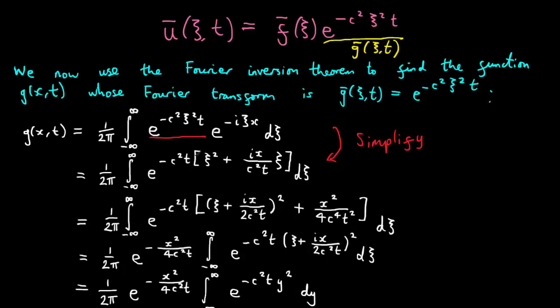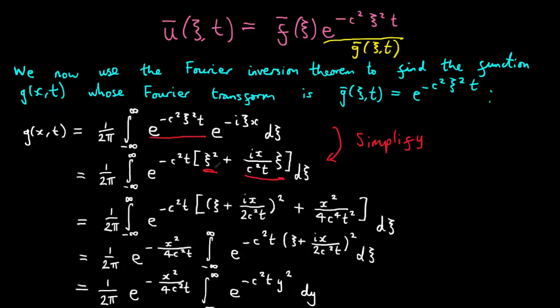The next step is going to be to complete the square in the exponent. So we're going to write this as psi plus ix over 2 c squared t, all squared. If you think about multiplying that out, we would get psi squared plus 2 lots of ix over 2 c squared t psi, which would give us exactly this term.